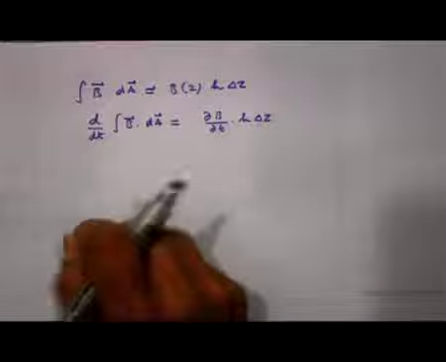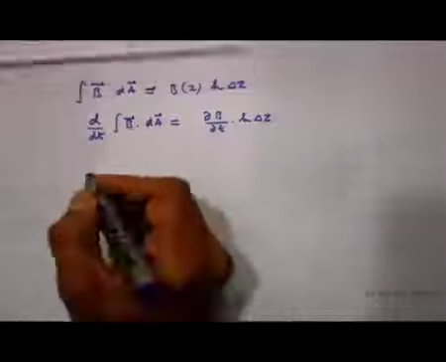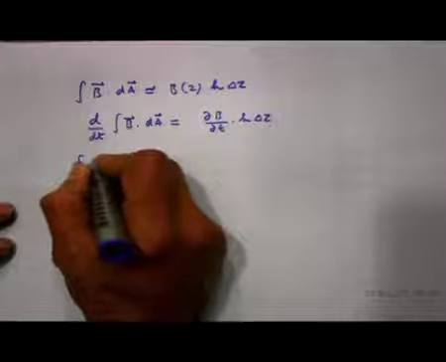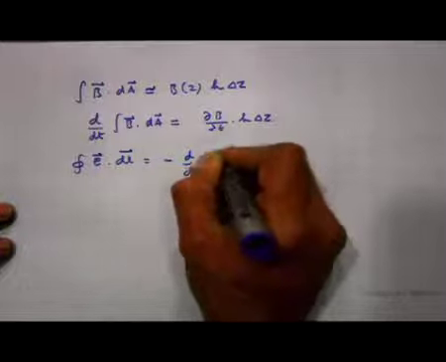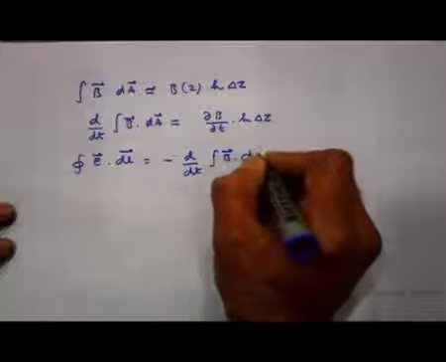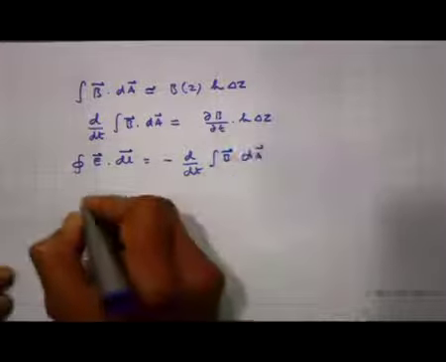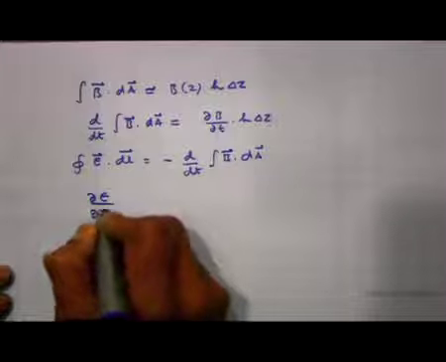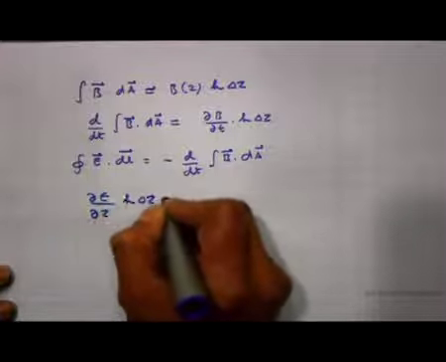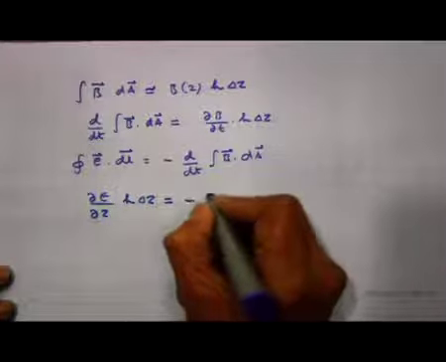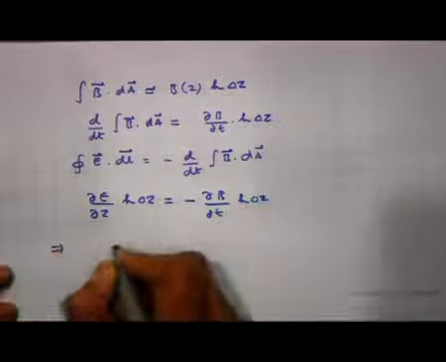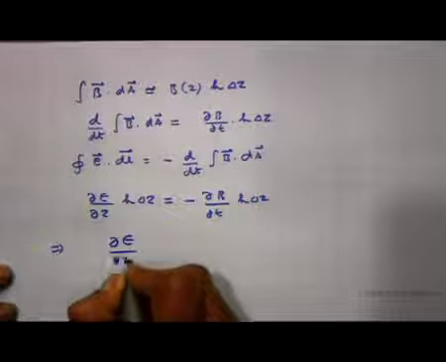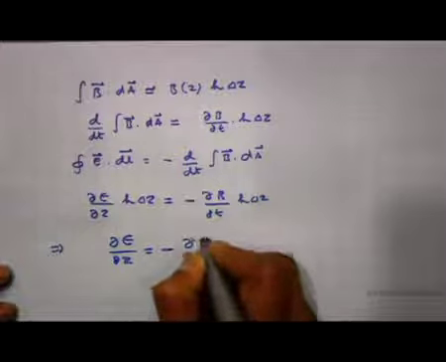So, I have got the left hand side of Faraday's law, and I just substitute into this equation: integral E dot dl is equal to minus d by dt of integral B dot dA. So, integral E dot dl I have calculated as del E by del z h delta z, and this is minus del B by del t h delta z. This implies del E by del z is equal to minus del B by del t.